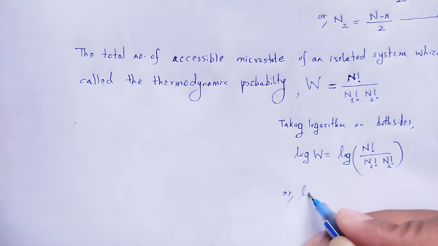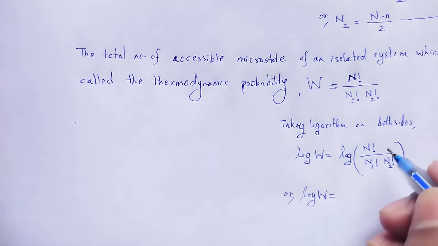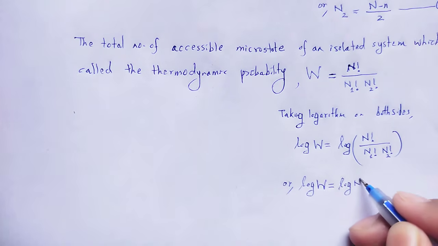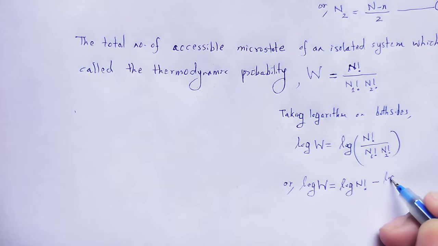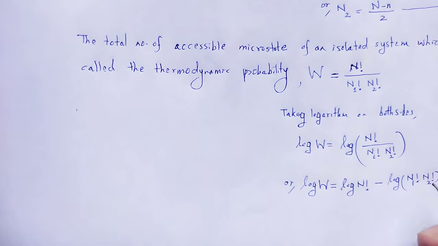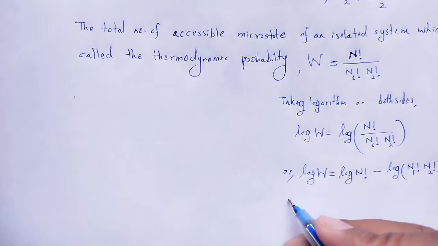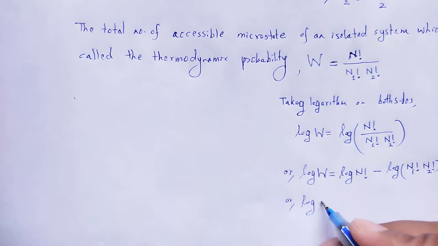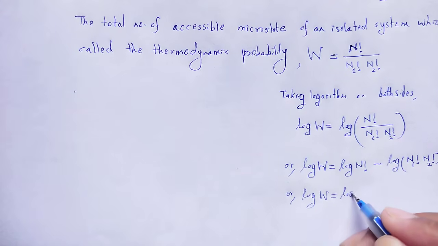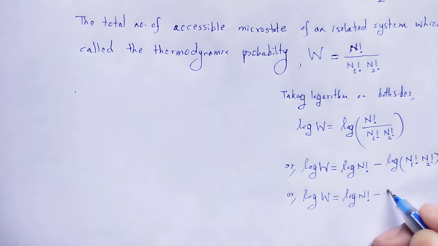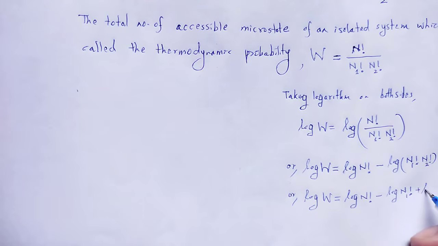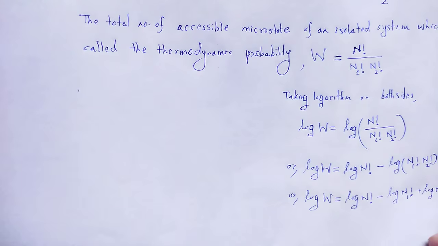Using log A by B is log A minus log B, and log AB is log A plus log B, log N factorial minus log N1 factorial plus log N2 factorial.